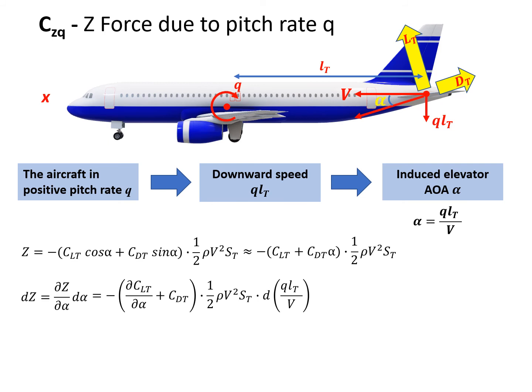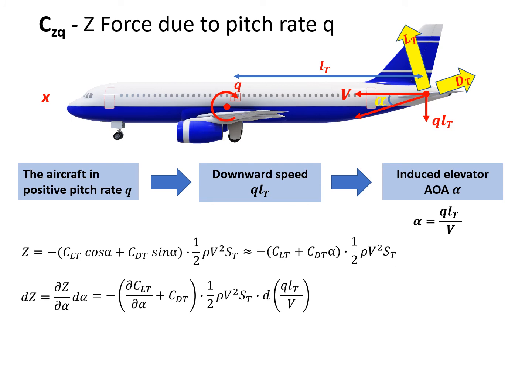In a bracket, we have partial CLT partial alpha plus CDT, and then times half rho V squared times ST because it's a constant, and then d alpha. We can plug in alpha, so d alpha equals dQ times LT divided by V. So we have the expression of dZ.